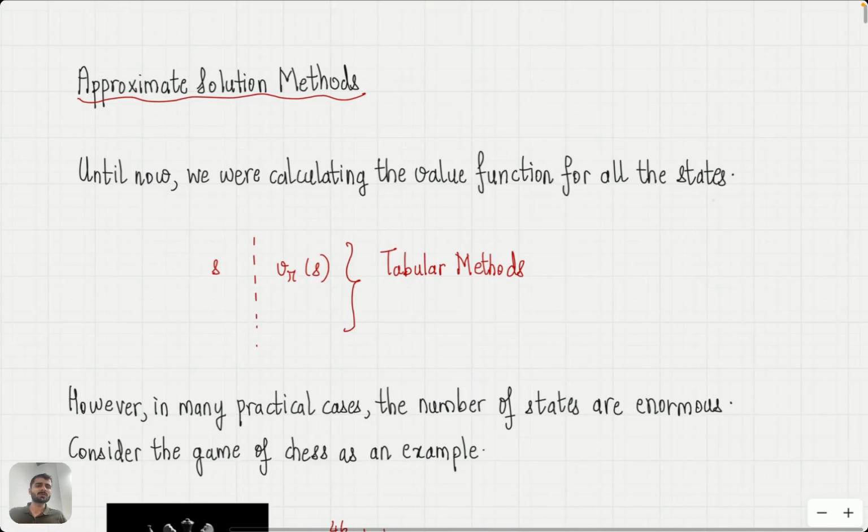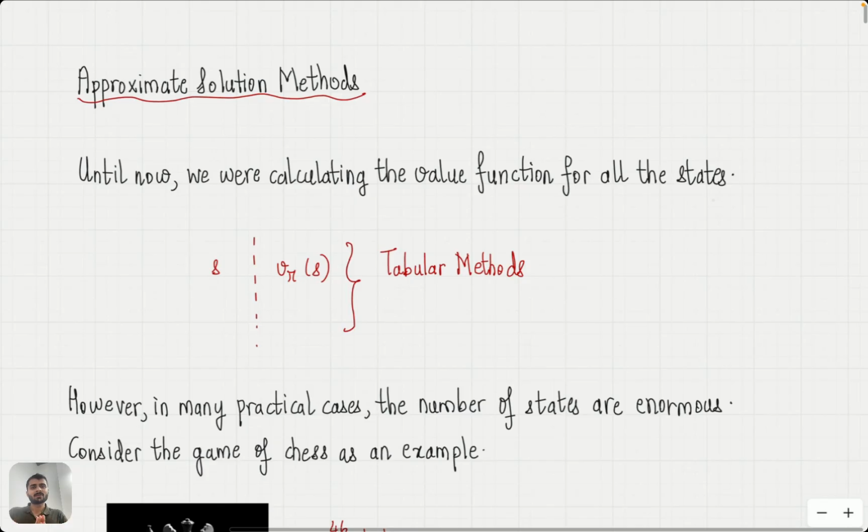So this allows us to not wait till the end of the episode, but use an approximate estimate for the return. This approximate estimate is a combination of immediate reward and the value of the next state. So that is the difference between temporal difference and Monte Carlo methods.